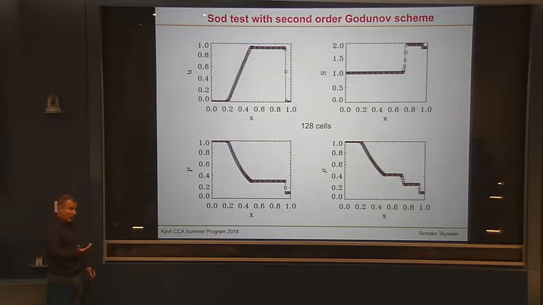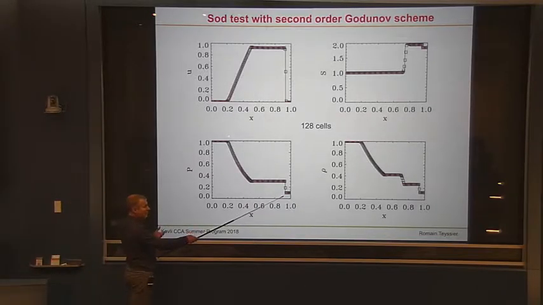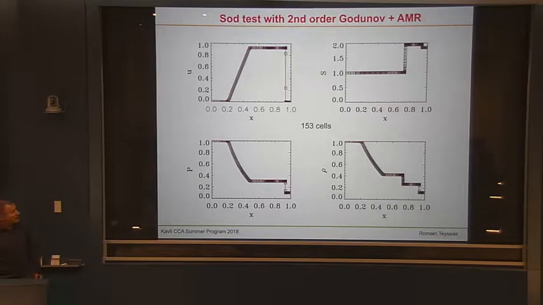But there is also another way, which is to refine the mesh adaptively, as I explained for gravity yesterday. And so if you now refine the mesh based on the refinement criteria which triggers new cells where the gradient of the solution are too high, then you get the AMR solution.